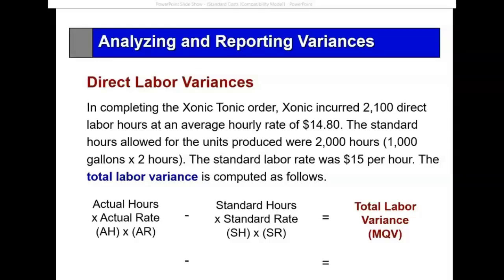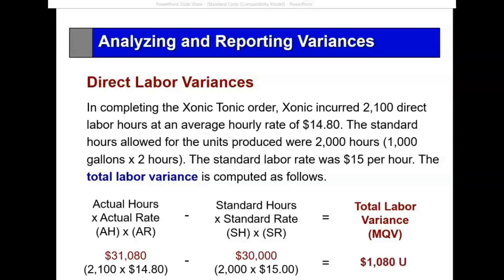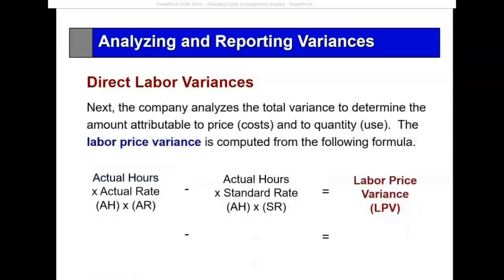A different way of analyzing is to set up this matrix: in box 1 the actual hours times the actual rate, in box 3 the standard hours times the standard rate. The total variance is then the difference between those two, and it's unfavorable. Now look at the price variance.